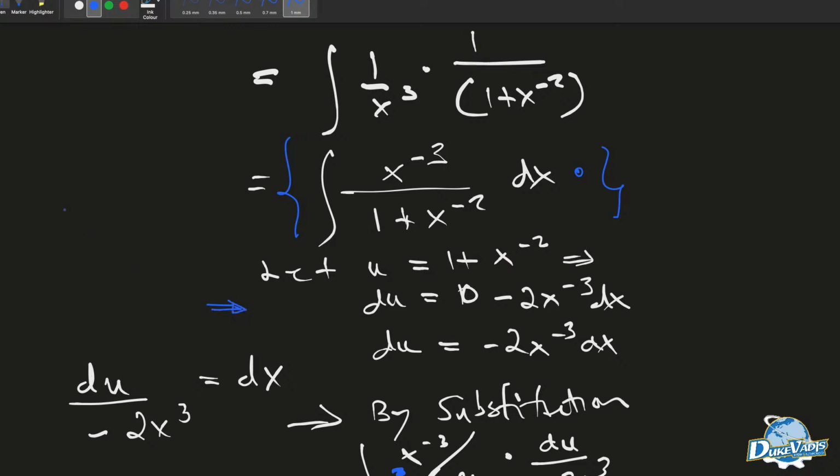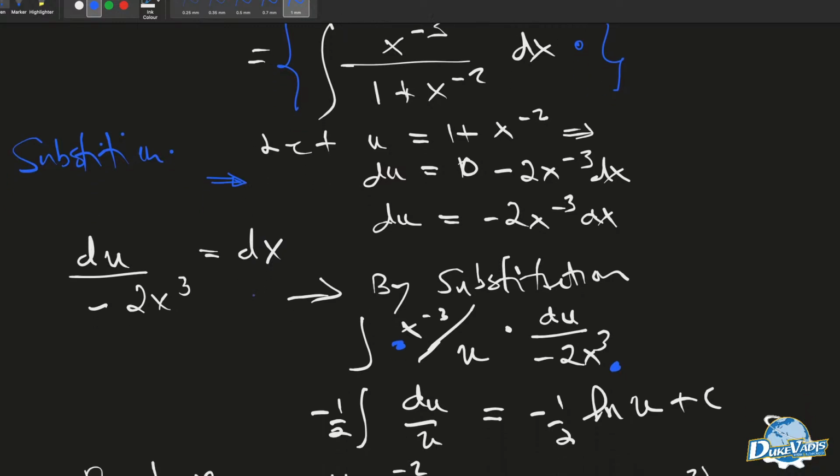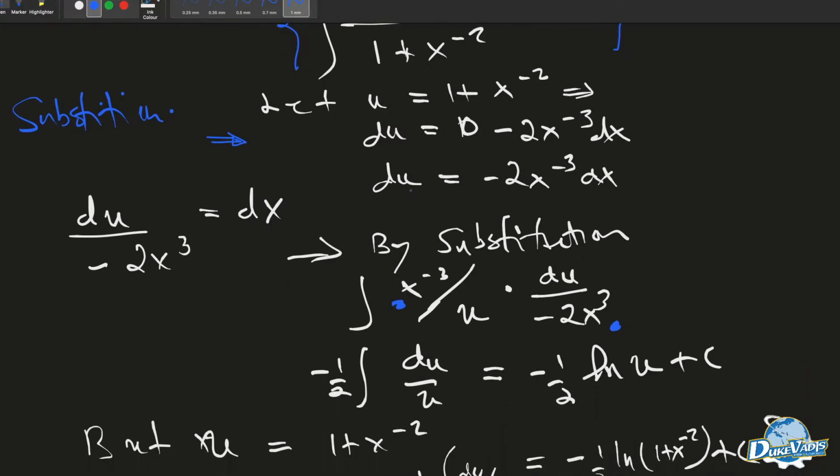We say let u be equal to 1 plus x raised to the power negative 2. So when we do the differentiation, then we have du over negative 2x cubed to be equal to dx.